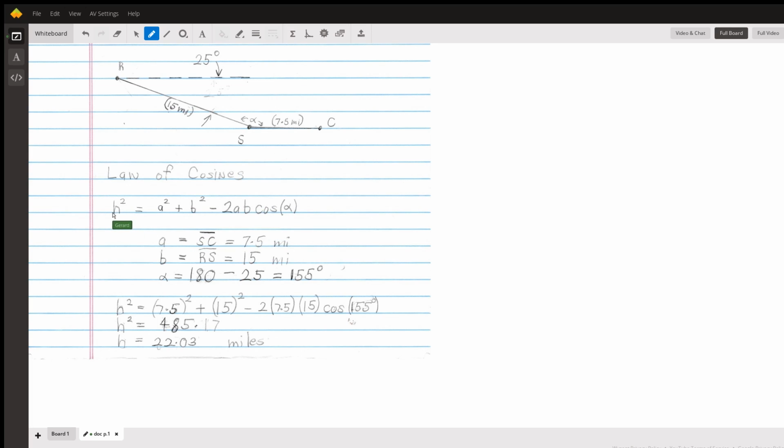I use h squared here. Typically, they use c squared, you'll see in textbooks. I use h just not to confuse it with the c I use for Centerville. And here I say the h represents the hypotenuse of the triangle, R to C.